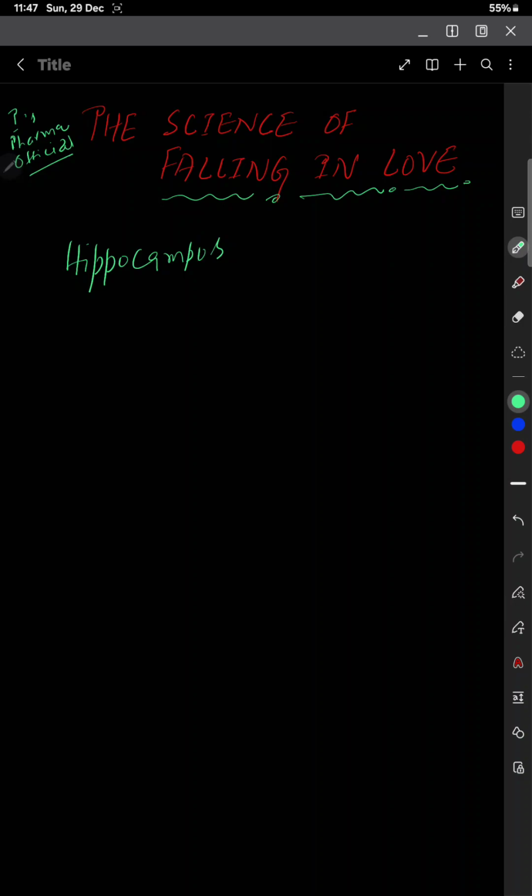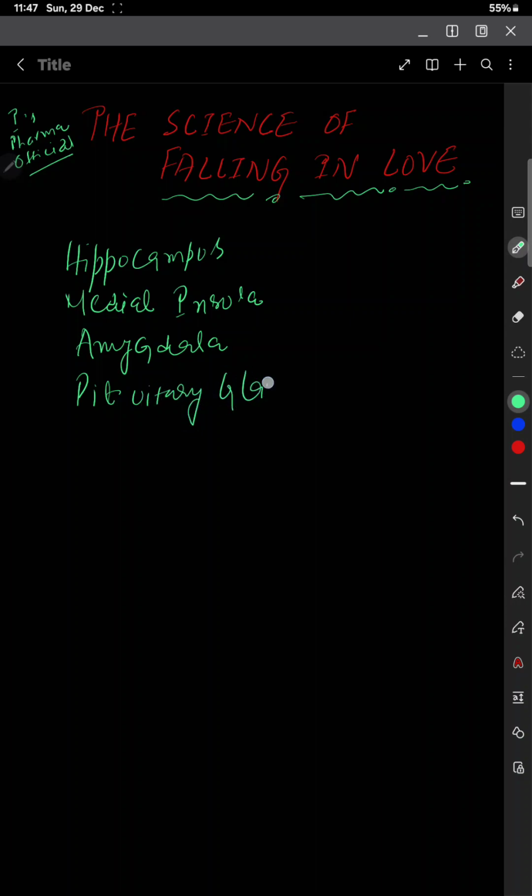Then there is the medial insula, then the amygdala, then the pituitary gland, and the hypothalamus. These are all parts of the brain, and they are very important for falling in love. And one more is called the anterior cingulate.